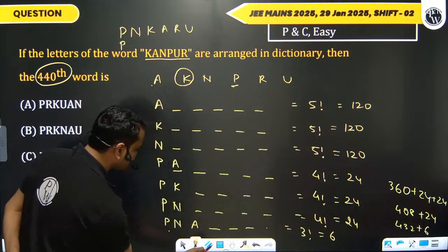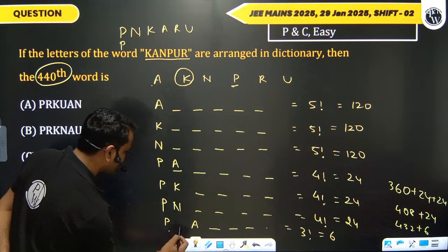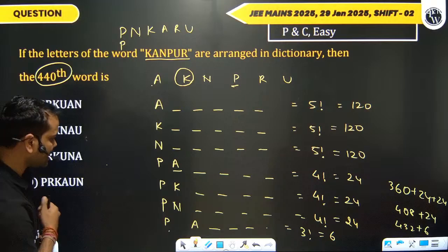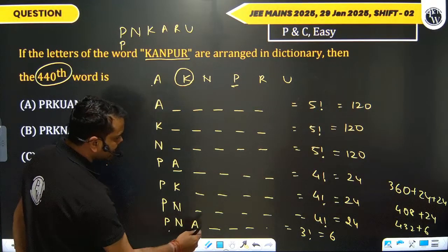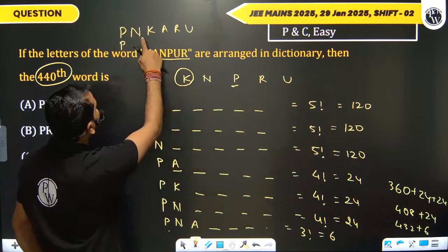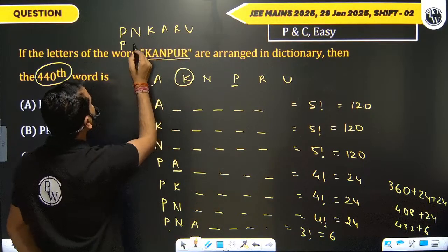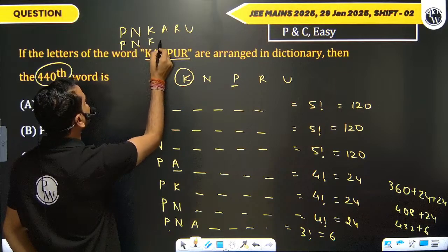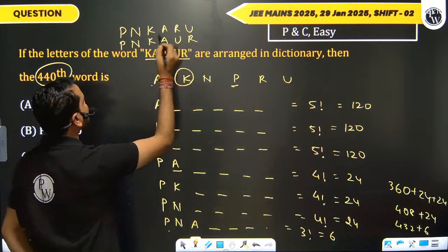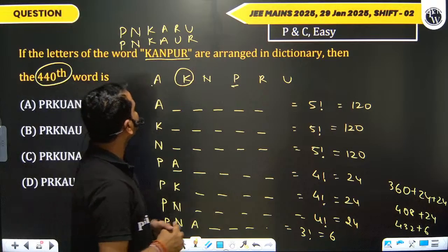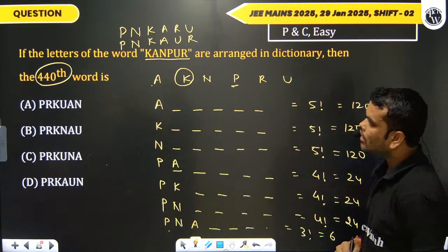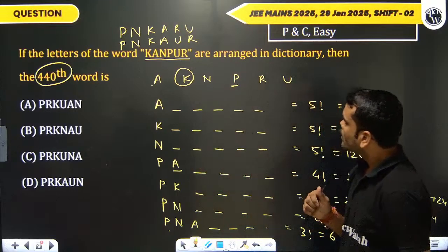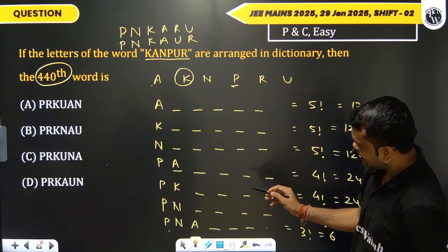Now it will start with P and R, right? P and R. So P and N, and then A. Then it will form P, N, K, A, R, U. Then next P, N, K, A, U, R. Okay, so this should be the next word, and that should be the 440th word. Let's see the options. It is not here, so maybe some mistake has happened.